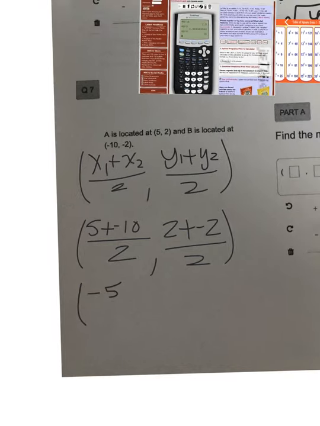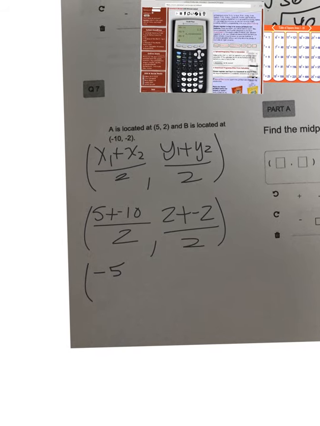Too fast? Yes. Oh, sorry. Wait. I did that wrong. So this top where I wrote x1 plus x2 over 2, that's the formula. You don't change anything in the formula, you just put in the values. You're thinking about distance formula. That's a different formula.